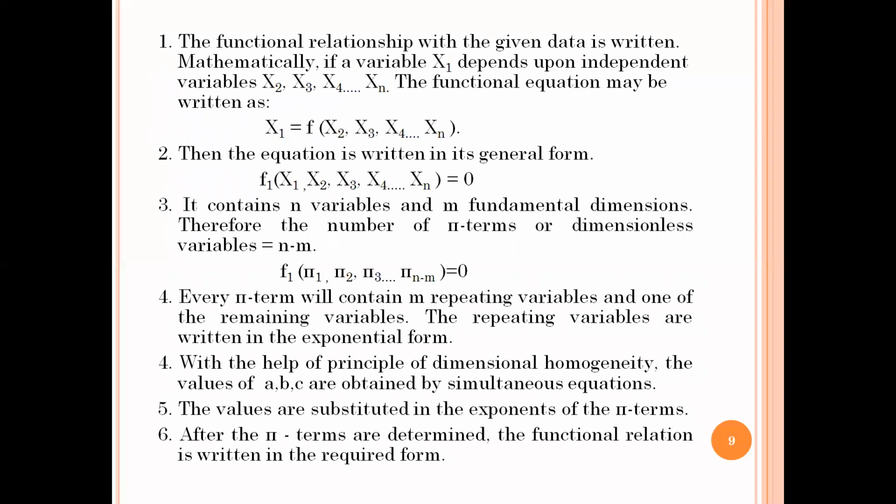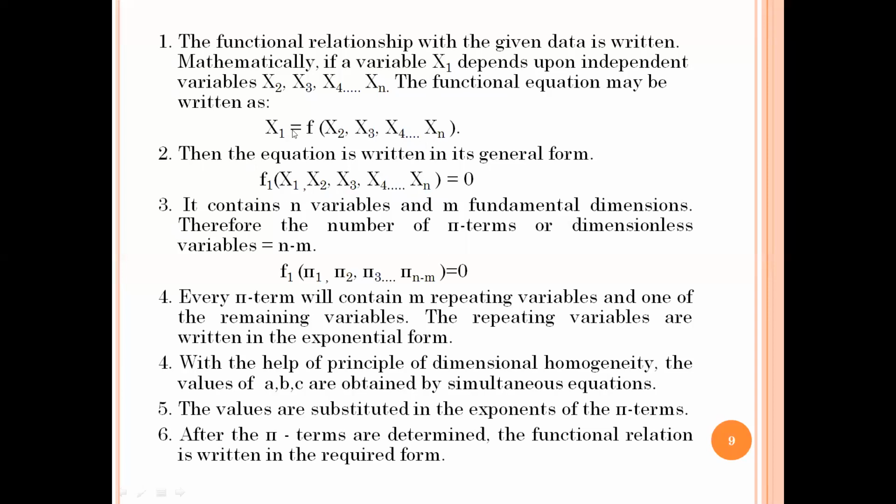Now coming to the procedure, here again I'll be writing the functional relationship with the given data. So X1 is your dependent variable, and the independent variables are X2, X3, X4 up to Xn. I can write X1 as a function of X2, X3, X4 up to Xn.